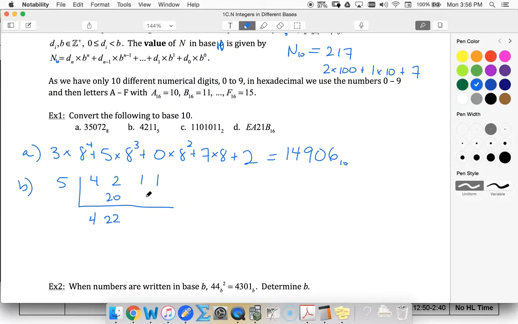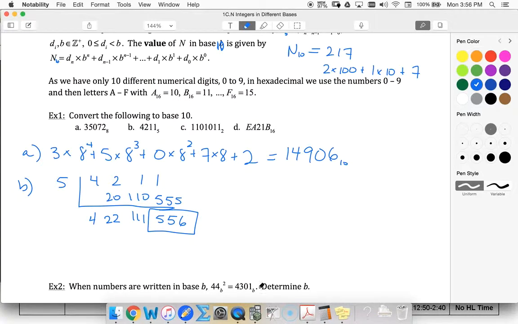And then it'll get multiplied by 5 a third time. And so 22 times 5 is going to give me 110. So I have 111. 555 is going to give me 556.